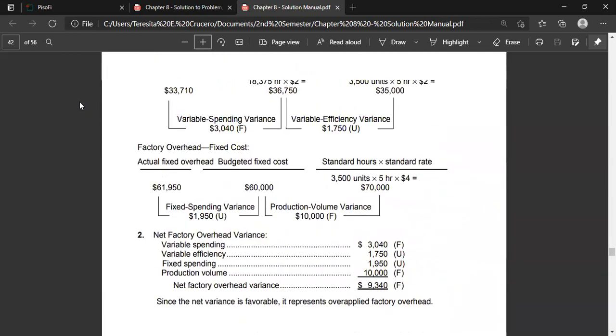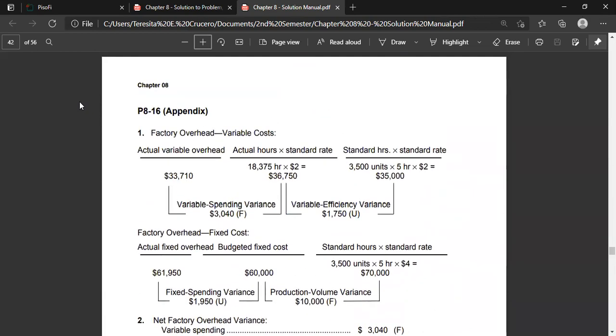For 8-16, we have to calculate the factory overhead, variable spending, variable efficiency, fixed spending, and production volume variances.